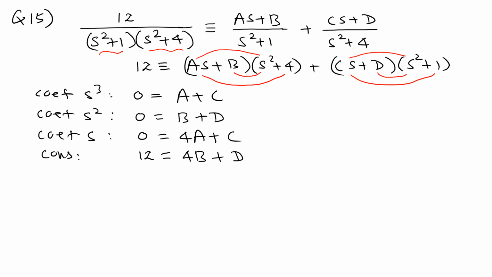What we're going to do is the subtract method for this one. If you look at the first and the third one, and you subtract the first one from the third one, what happened? You get 3a equal 0.